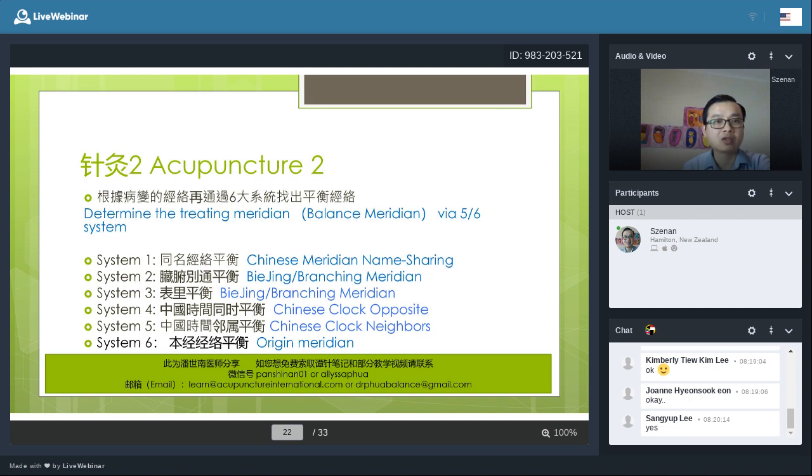Okay, acupuncture 2. Find the treating meridian, balanced meridian through 6 systems. Okay, we have 6 different systems. System 1, Chinese meridian name sharing.